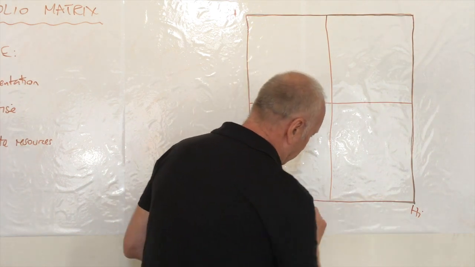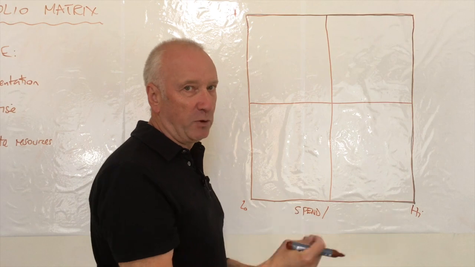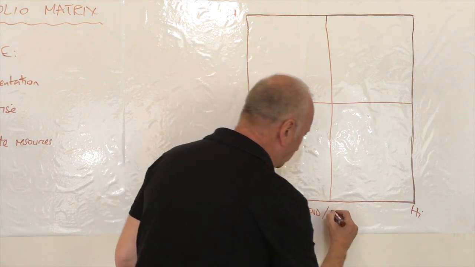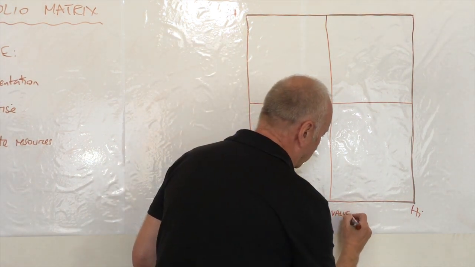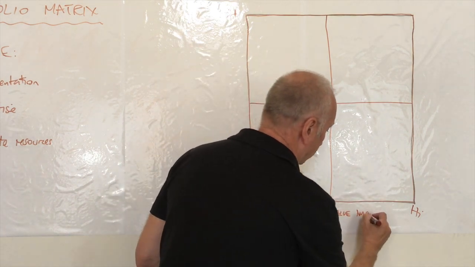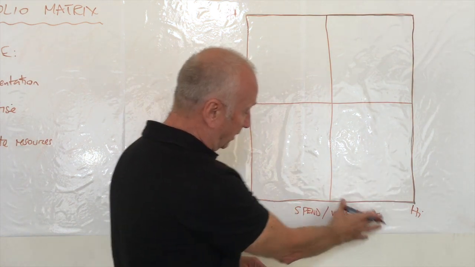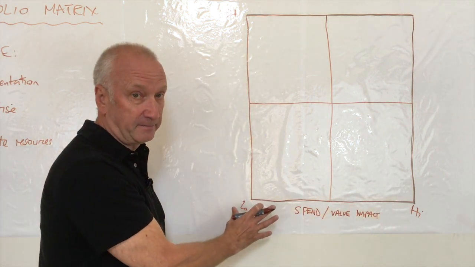And so this is spend, and sometimes we think about the value impact as well, but spend is usually the most important, or the one that's most effectively used. So just to be clear, high spend items over on the right-hand side, low spend items over here.